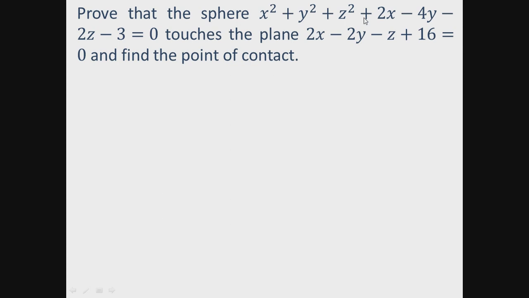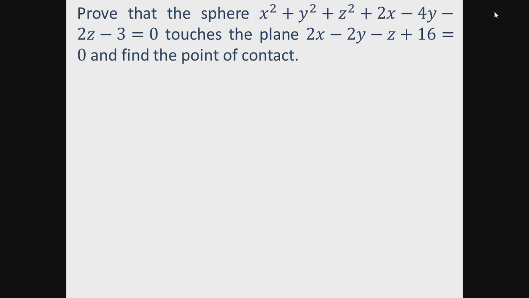You can see this is the general equation of a sphere. So compare that and get the values of center and radius. So find u, v, w and d. Now the general equation of a sphere is x square plus y square plus z square plus 2ux plus 2vy plus 2wz plus d equal to 0.